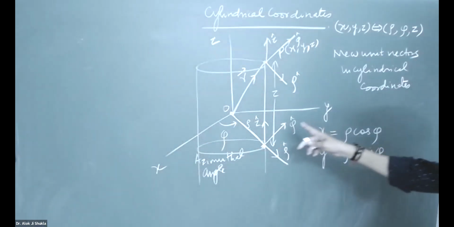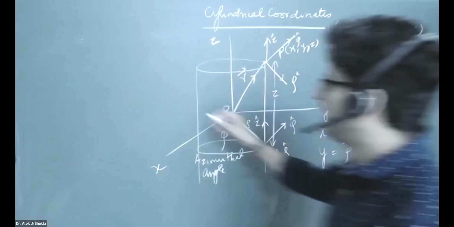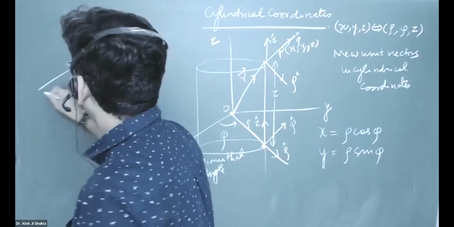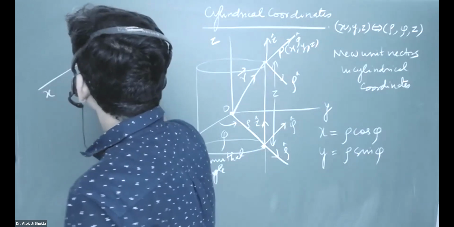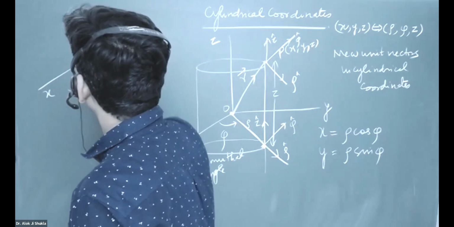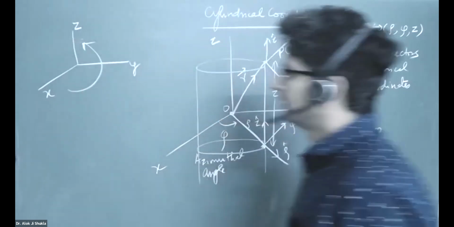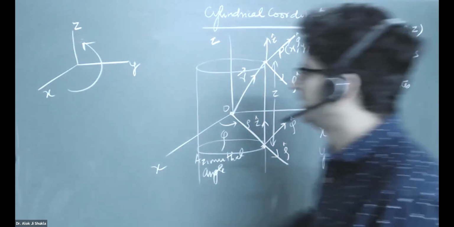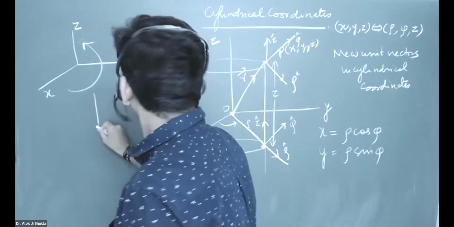सो अ राइट हैंडेड सिस्टम इज फॉर्म्ड. जैसे एक राइट हैंडेड सिस्टम हमने ये पहले बनाया था, देखो x y और z. This is a right handed system. You have to make the three orthogonal axes like this. Now there are three orthogonal axes, rho, phi and z. So they are like this.